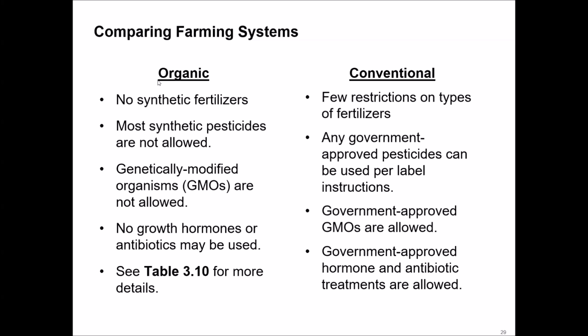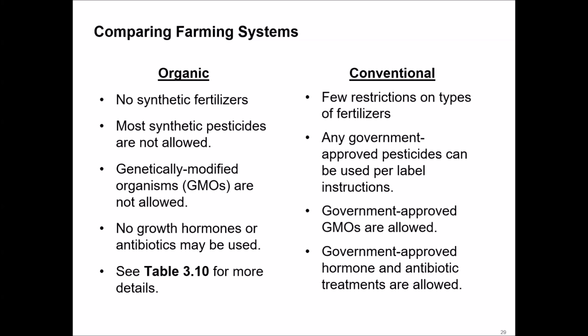And so if it is organic, there are strict guidelines that there cannot be any synthetic fertilizers. If it's conventional, there are very few restrictions on what kind of fertilizer can be used. For organic farming, most synthetic types of pesticides are not allowed.